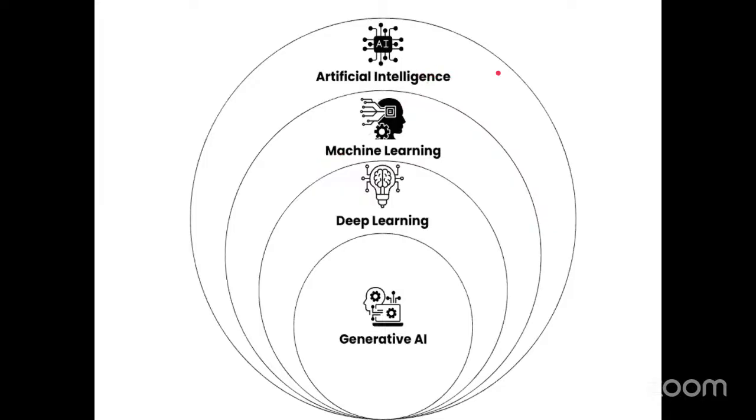So if in future anyone comes and says, okay, I'm going to learn machine learning or deep learning, that person is also going to learn a part of artificial intelligence. If anyone says that I am very good in artificial intelligence, then we can consider that he is also good in machine learning, deep learning, generative AI, and agentic AI, whatever new comes.